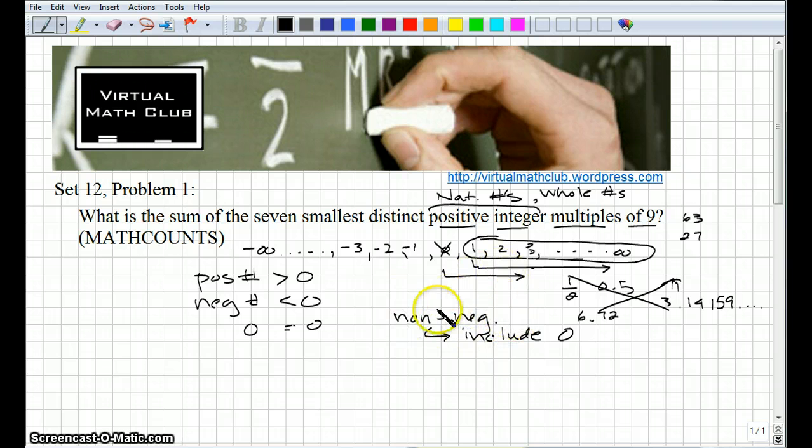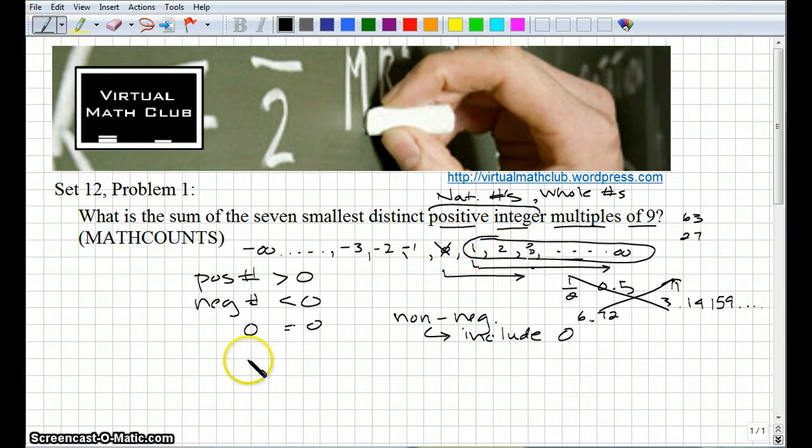So watch carefully and read closely. Because sometimes, they might try to trip you up to make sure that you know what the different sets of numbers are and whether or not they include 0. But in this case, we're dealing with positive integers, so that does not include 0.